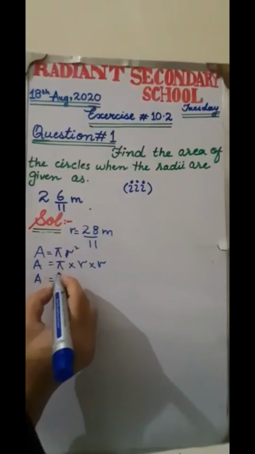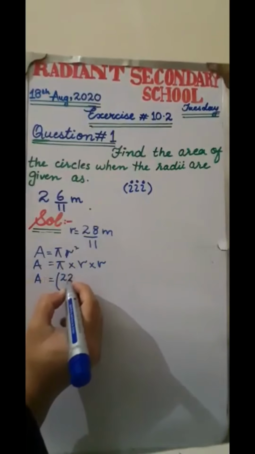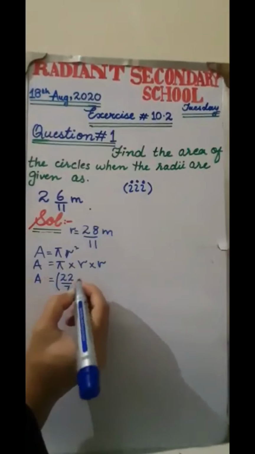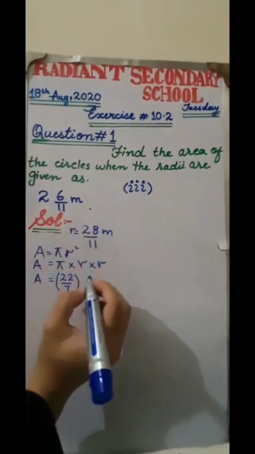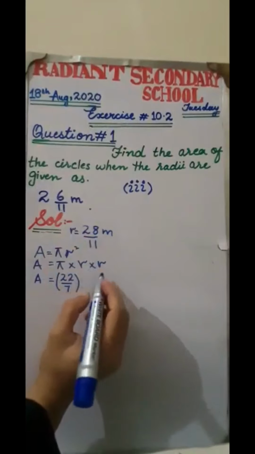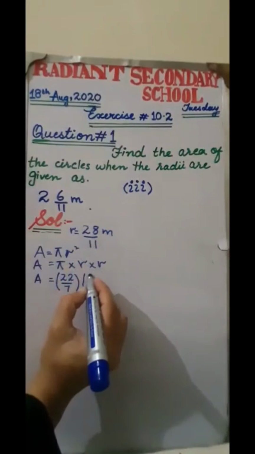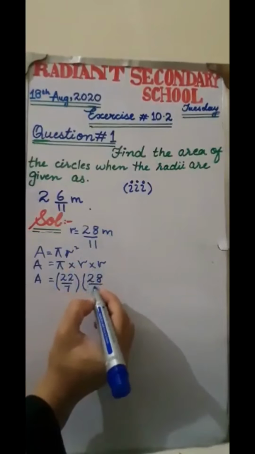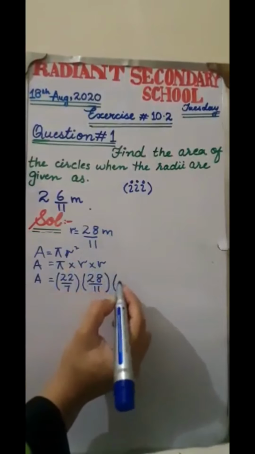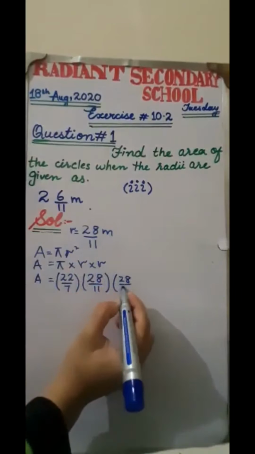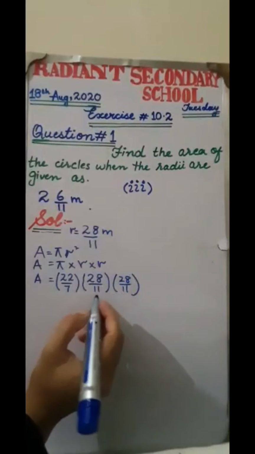For the value of pi, I am taking 22/7 because in the question it is not mentioned which pi you have to take. Multiply by r. r is 28/11, and 28/11 again. After that you have to simplify it.